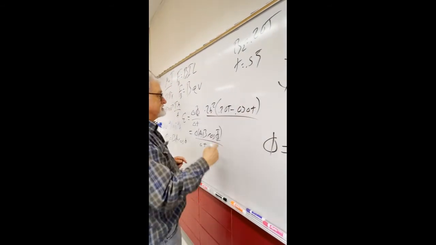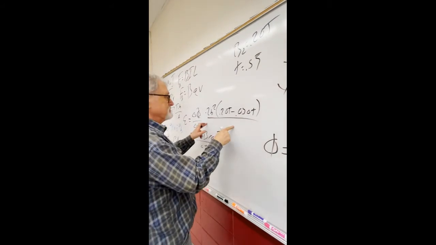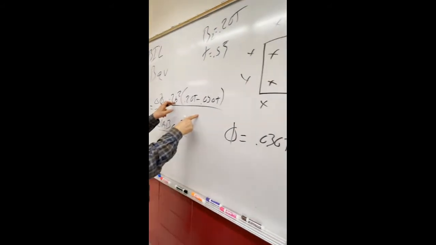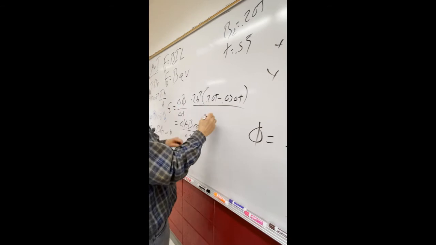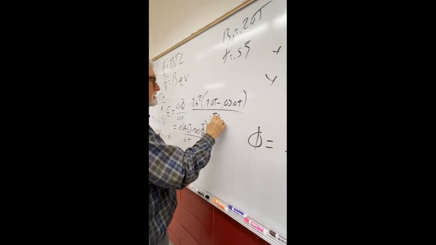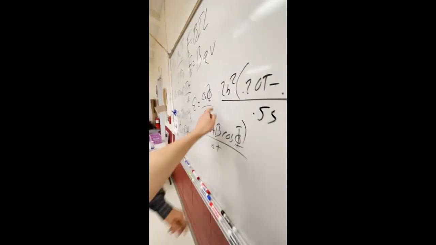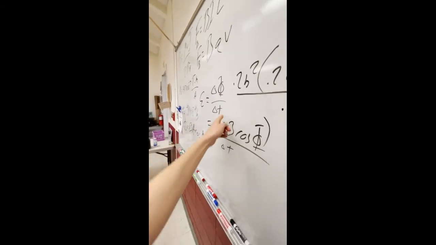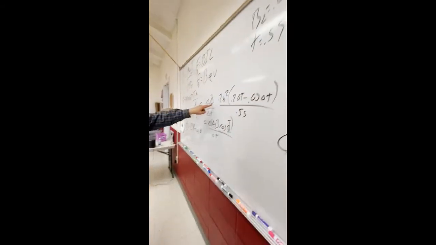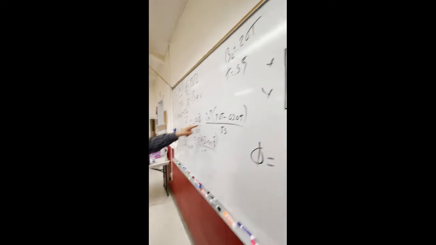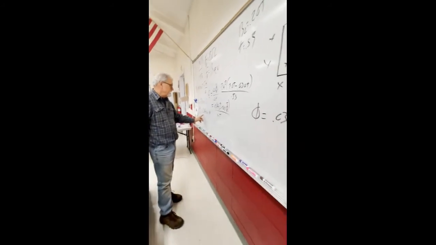Because it's the change, and what's changing about the flux is not the area. It's the intensity of the field. And we got 0.5 seconds.